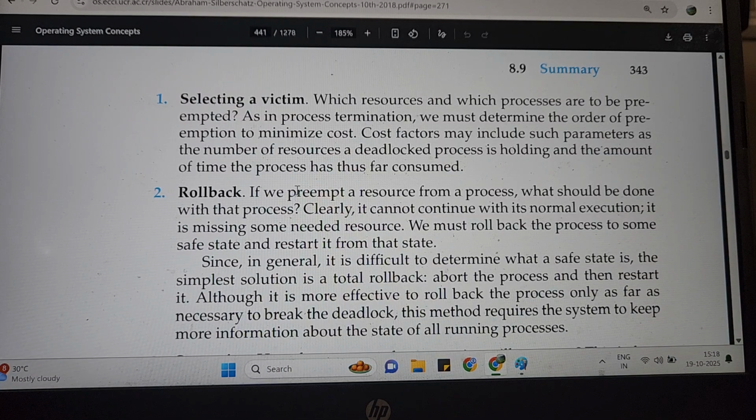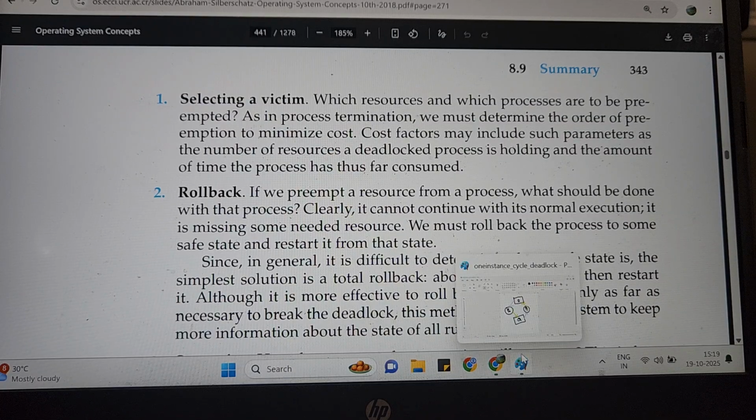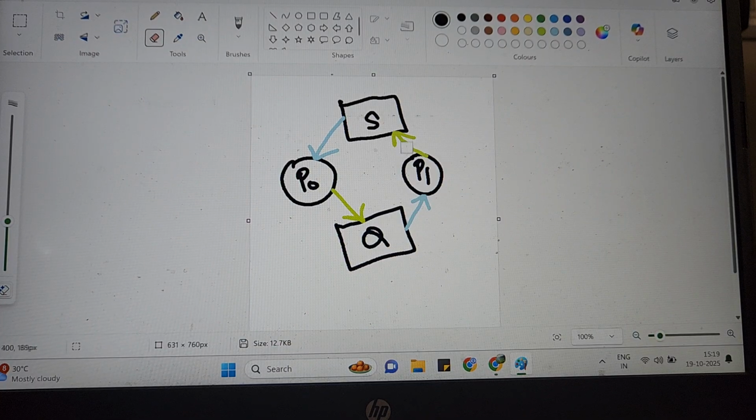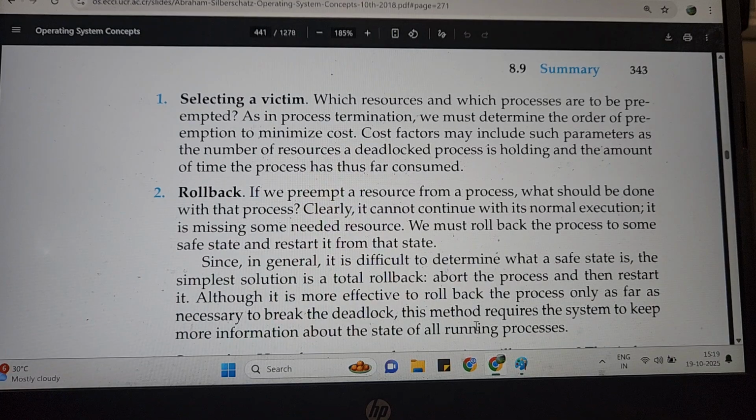And when we choose to preempt, what should be done with that process? When I say preempt, let's say P1 is choosing to give up its resources. So P1 is giving up S so that P0 can finish its work and then P1 will get S. But what does P1 do? Should it undo the intermediate calculations or whatever work it had done?